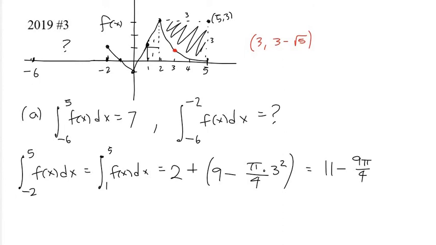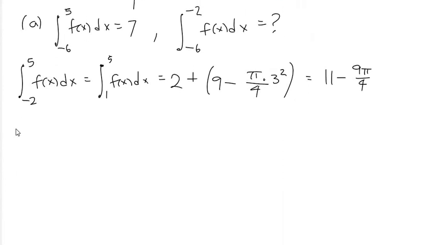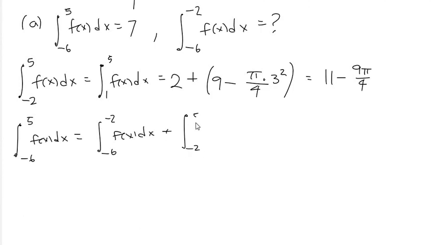Okay, so we can now put that together with our other facts. We know that if we integrate from -6 to 5, that would be the same as integrating from -6 to -2 and adding what we get when we integrate from -2 to 5. Right?